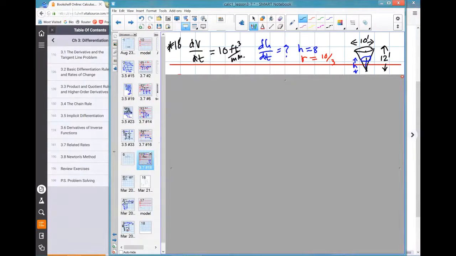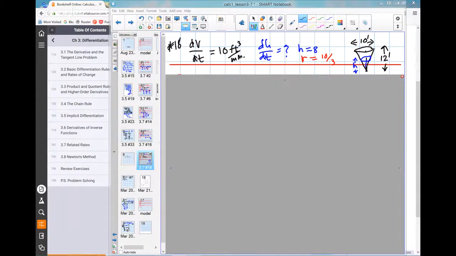Sorry, I was pointing at the wrong screen. So I called it H. Okay, so the height of the water is 8. And what we need to find is this dH/dt. What's the rate of change of the height?